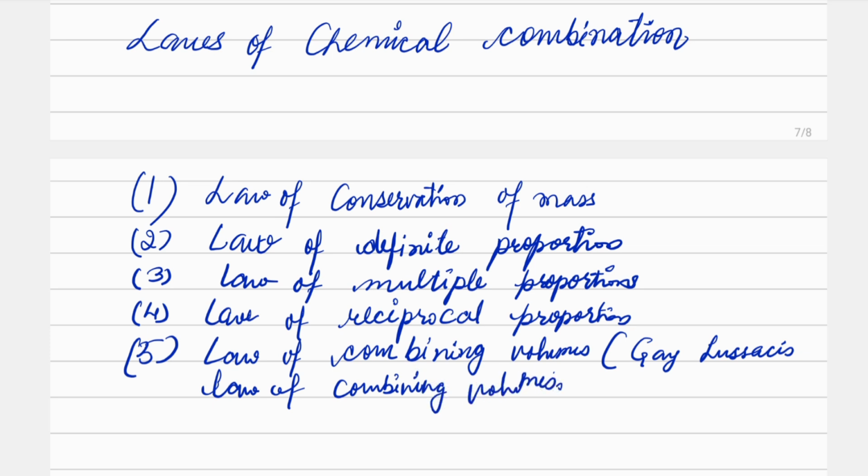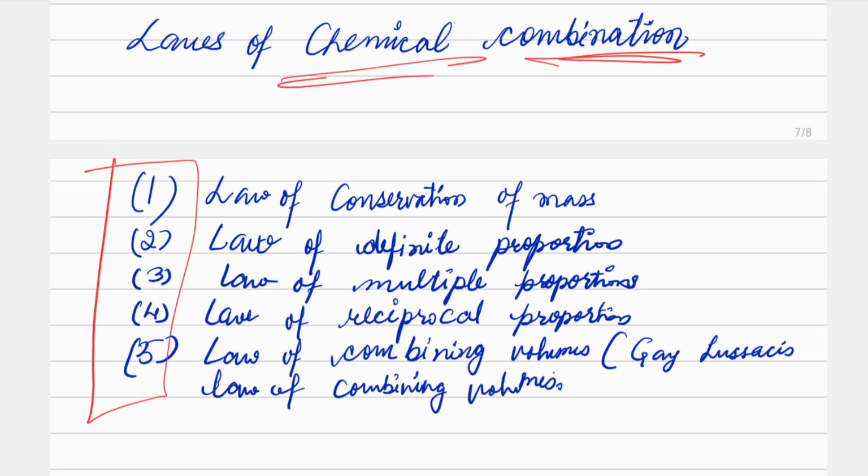So these are the 5 laws of chemical combination which actually occur during any kind of reaction in chemistry. So let's talk about these 5 laws in detail.